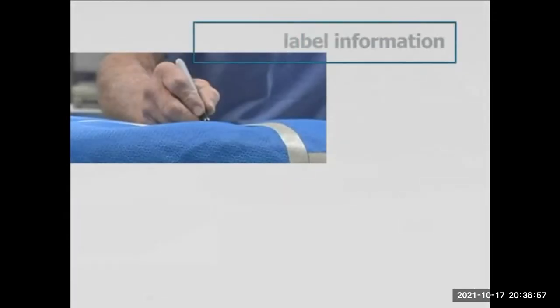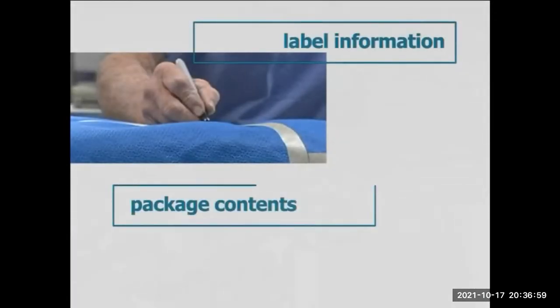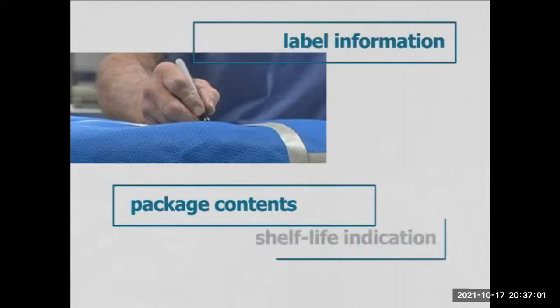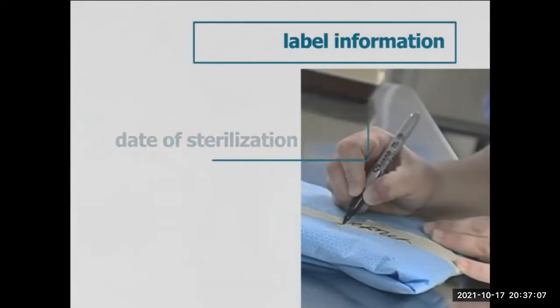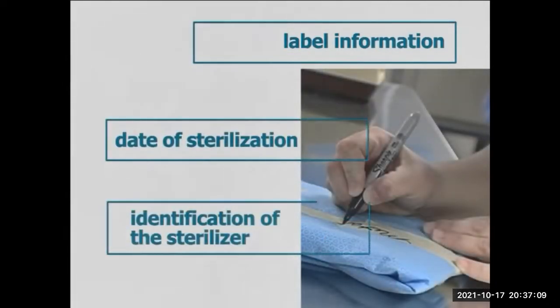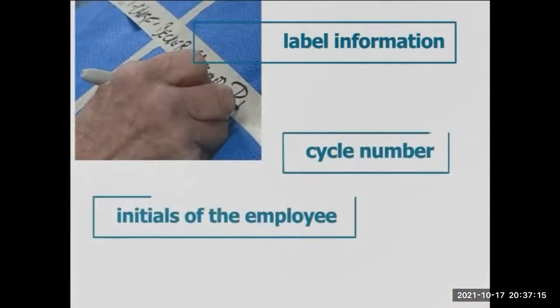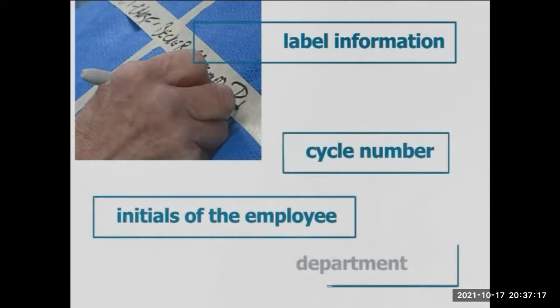Written label information should include package contents, shelf life indication, either the expiration date or indication of event-related sterility, date of sterilization, identification of the sterilizer, usually by number designation, cycle number, initials of the employee who prepared the package, and department to which the package is being sent.